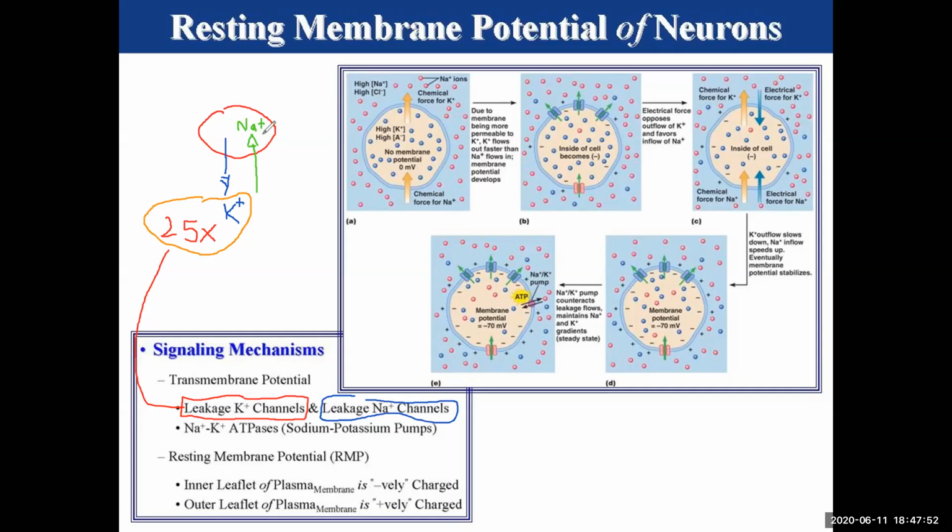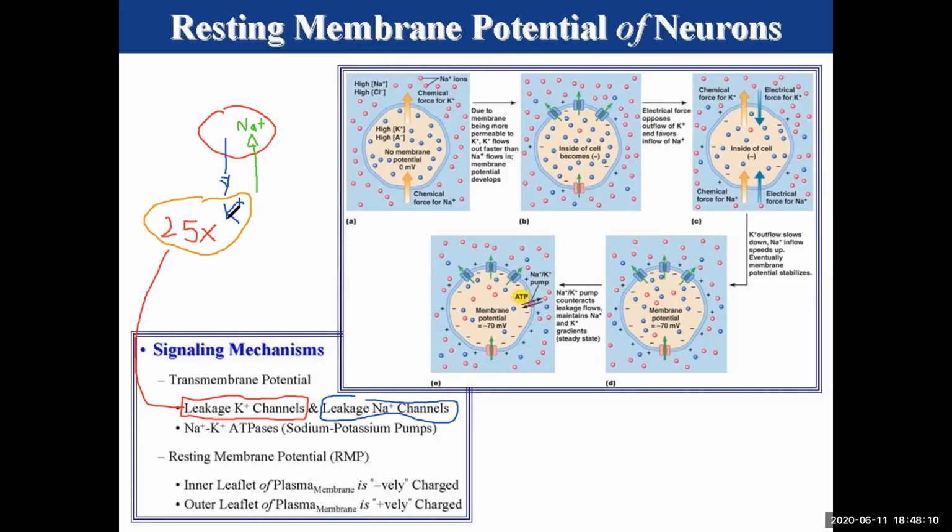So the cell is losing positive charge faster than it gains positive charge, right? When sodium comes in, the cell is gaining positive charge. But when potassium is leaving, the cell is losing positive charge.